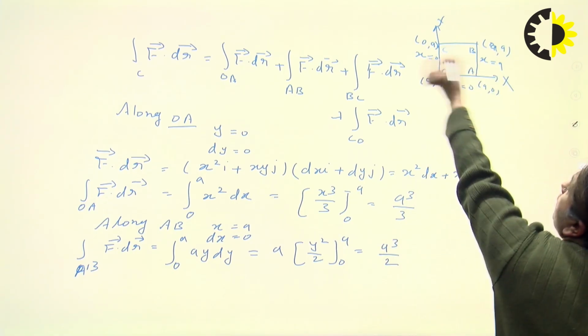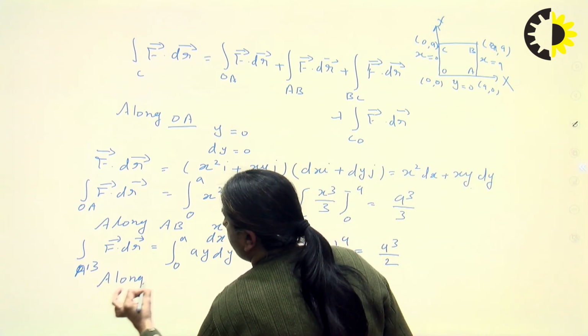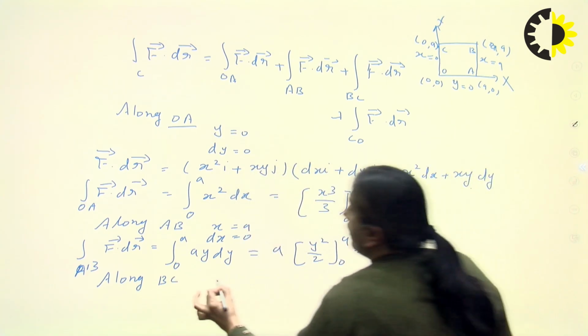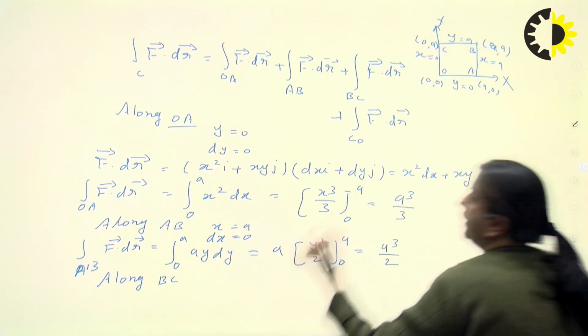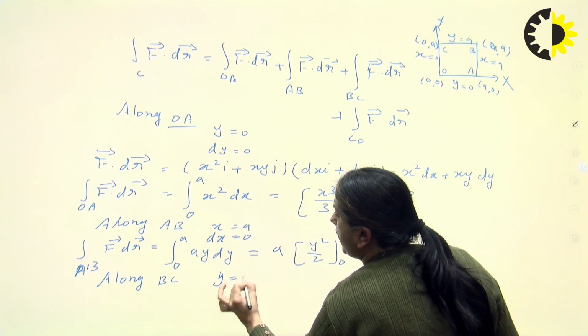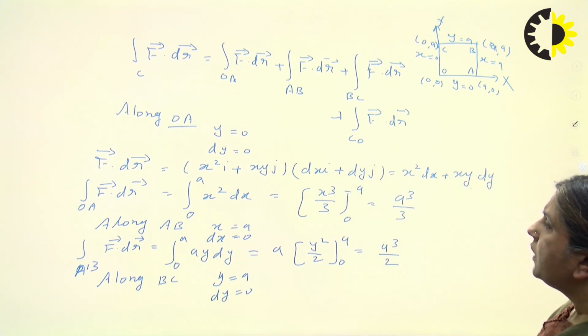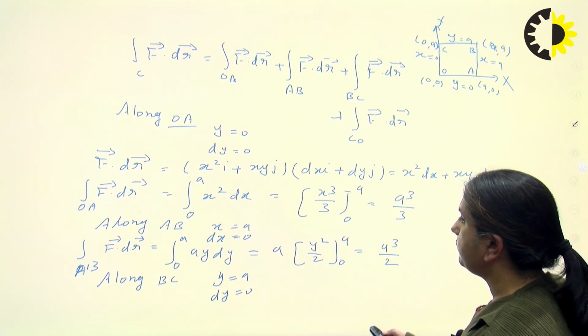Again, along the line BC, the equation of BC will be y equal to a. That means if y equal to a, then dy will be 0, so the second term will be 0, leaving x square dx.